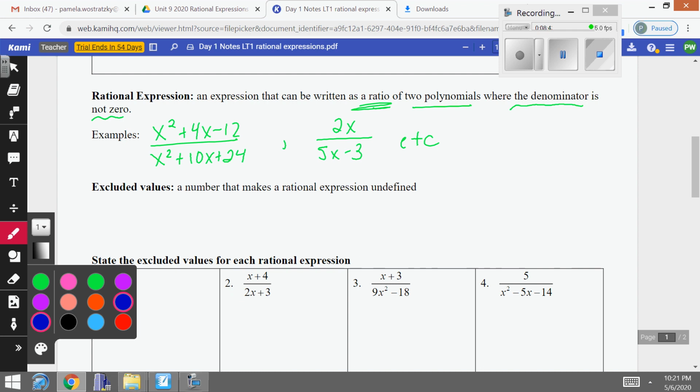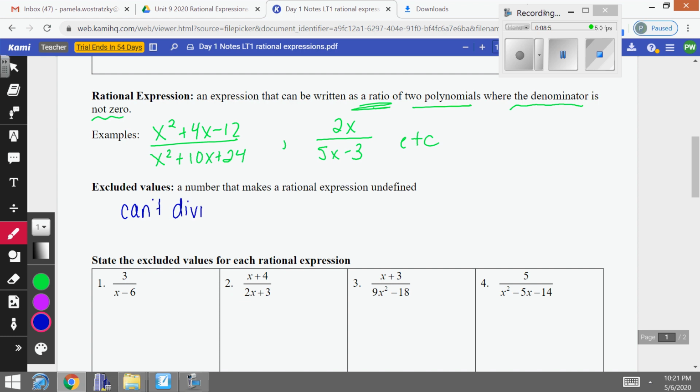So we're going to look at excluded values, numbers that make the rational expression undefined. I'm going to write in here that we can't divide by 0. That's super important. So what we want to do is find what makes the denominator equal to 0.